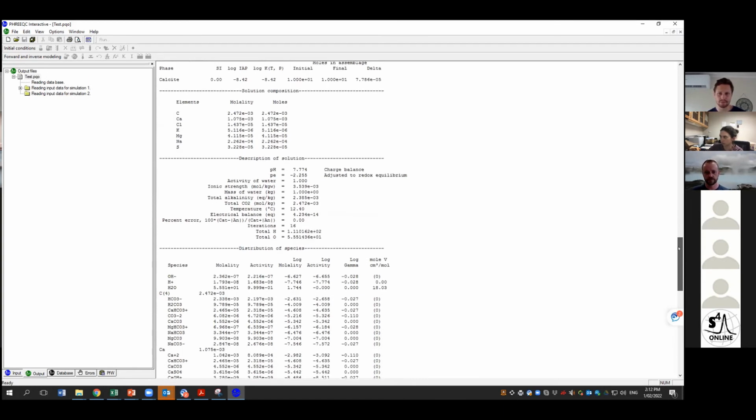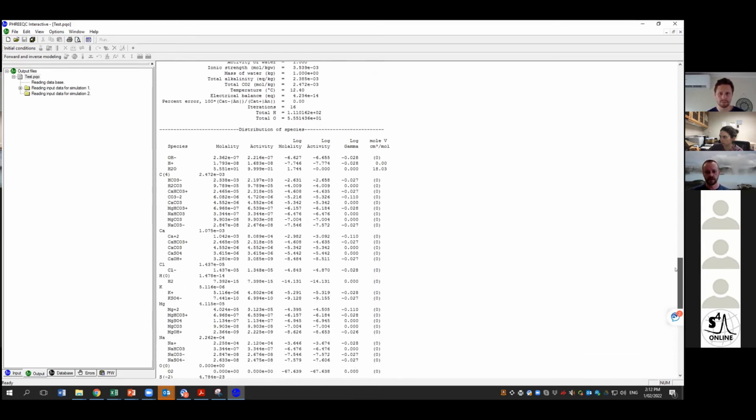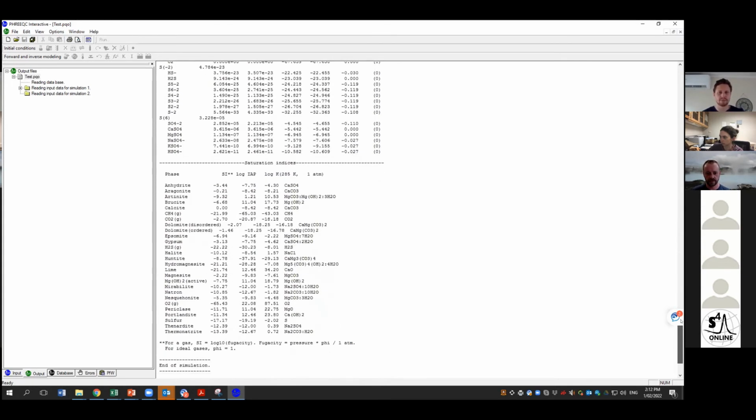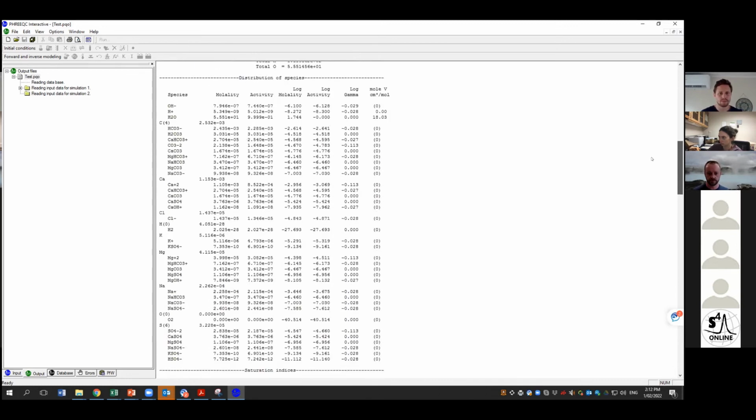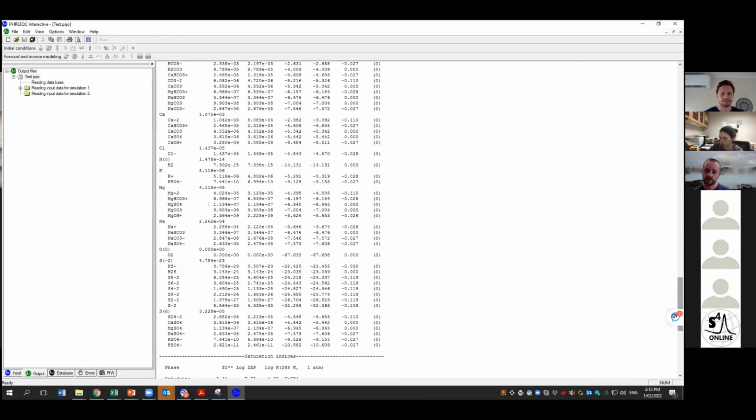So we've got calcite, got the solution, and then it calculates the solution composition for a calcite saturation index of 0. So by looking at the value of calcium in the initial composition, and comparing that to the calcium after equilibrium is reached, 1.075.